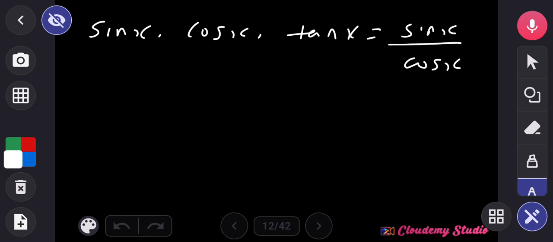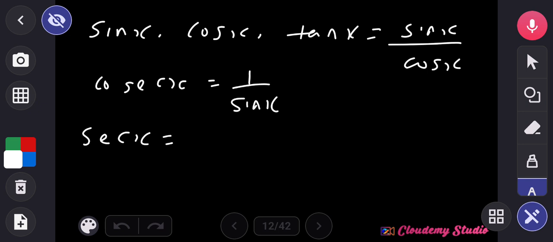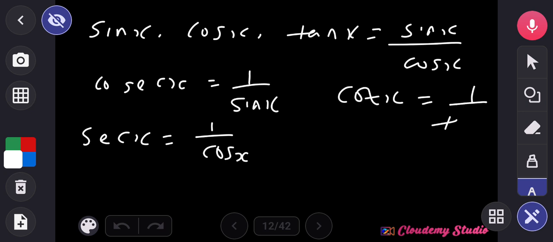We have the cosec x, that is 1 divided by sine x. We have the sec x, that's secant x, that is 1 divided by cos x. We have the cot x, that is 1 divided by tan x.